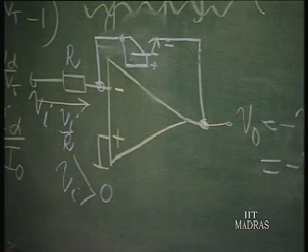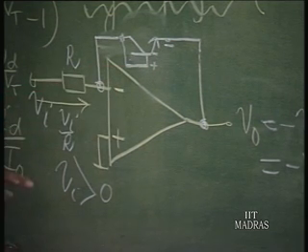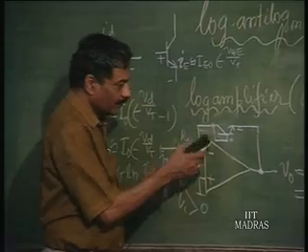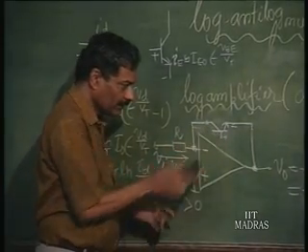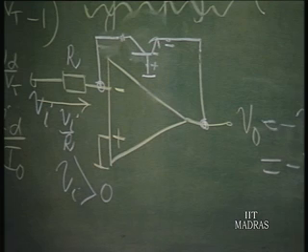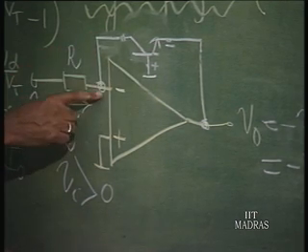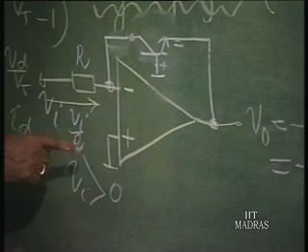Now, what is the collector to base voltage here? 0, because I have shorted it. Instead, I can remove this and also connect it to ground. Now, what is the voltage here? It is still 0, because this is ground potential and this is virtual ground potential because of the op amp.